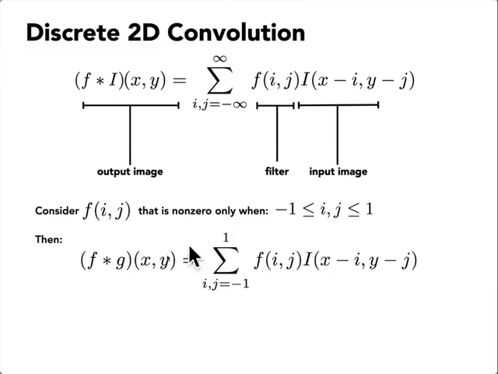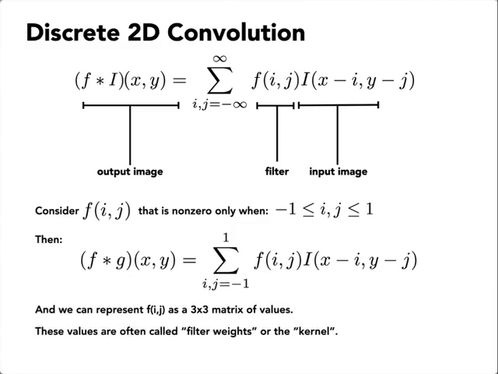So this here would represent an integral over 3 by 3 values, which is what I said here. So f of ij would be a 3 by 3 set of values, which you could represent as a matrix. And these values are often called the filter weights or the kernel. You're welcome, Justin. Good question.